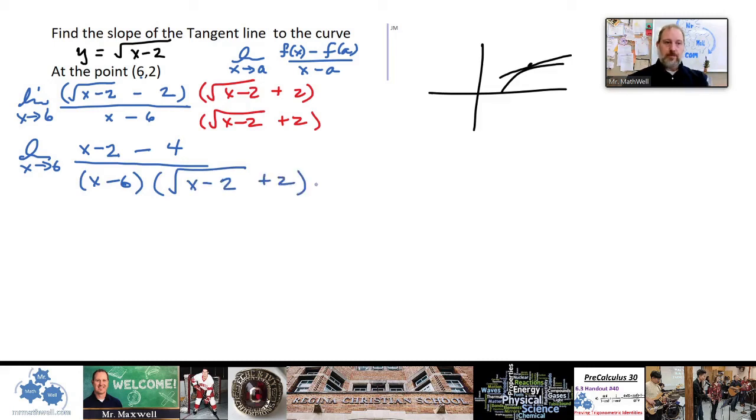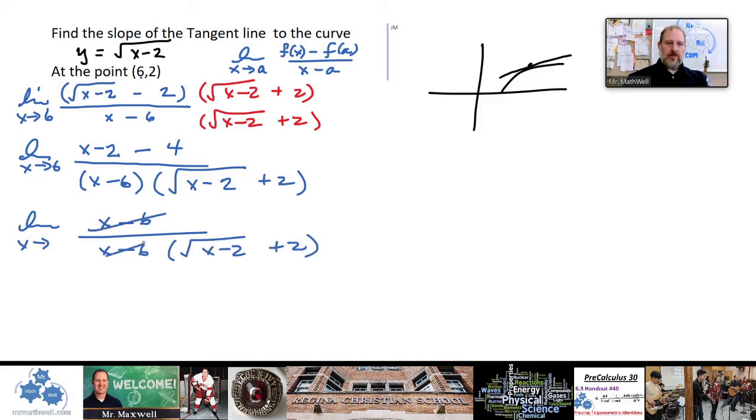Notice that x minus 2 minus 4 actually turns into x minus 6. So we have an x minus 6 on top and an x minus 6 on the bottom. Those factors are going to divide out, and we're going to have 1 over square root of x minus 2 plus 2.